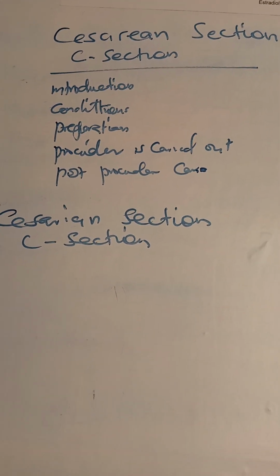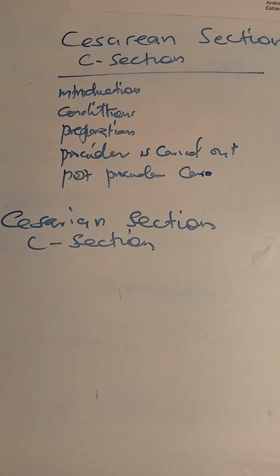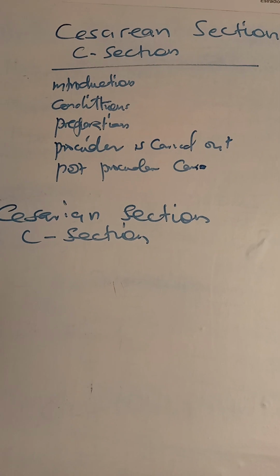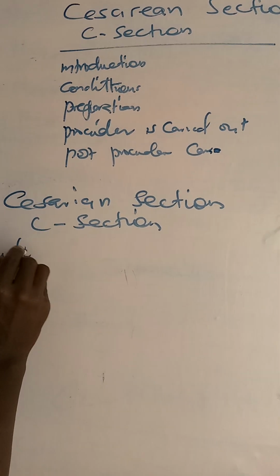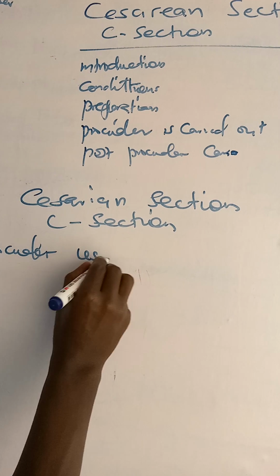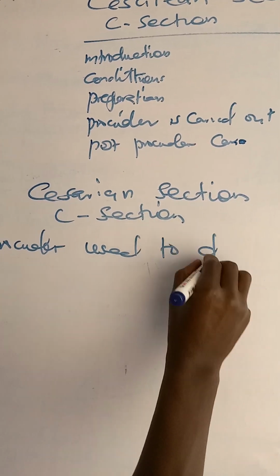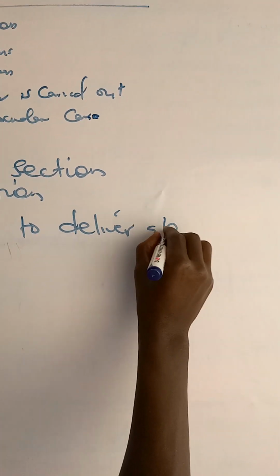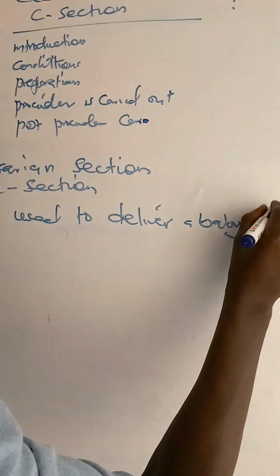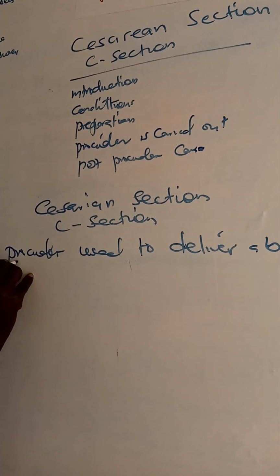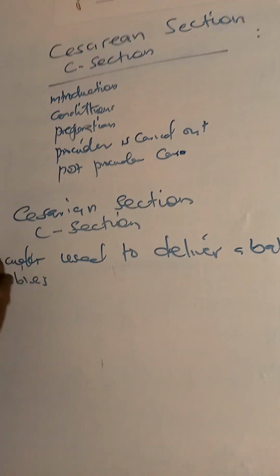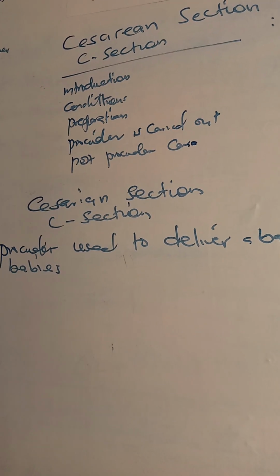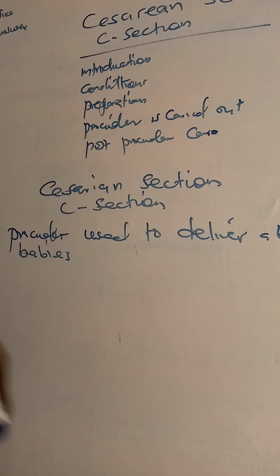It is a procedure used to deliver a baby or babies, because there can be one, two, or many, through surgical incision of the abdomen and the uterus.